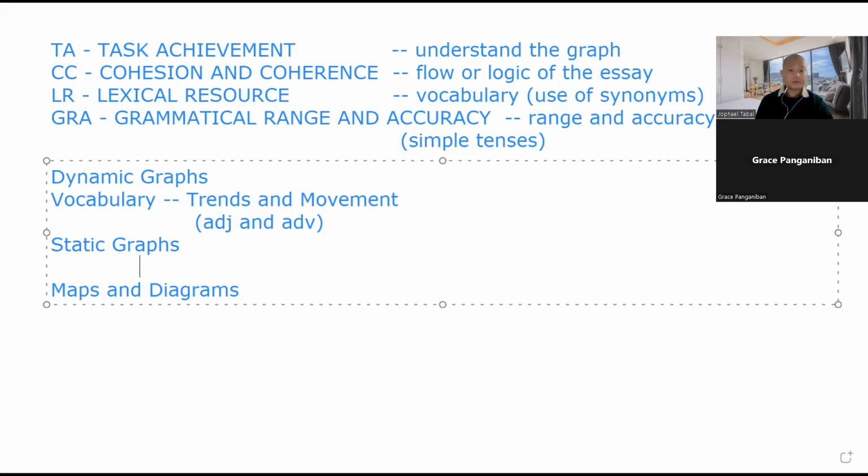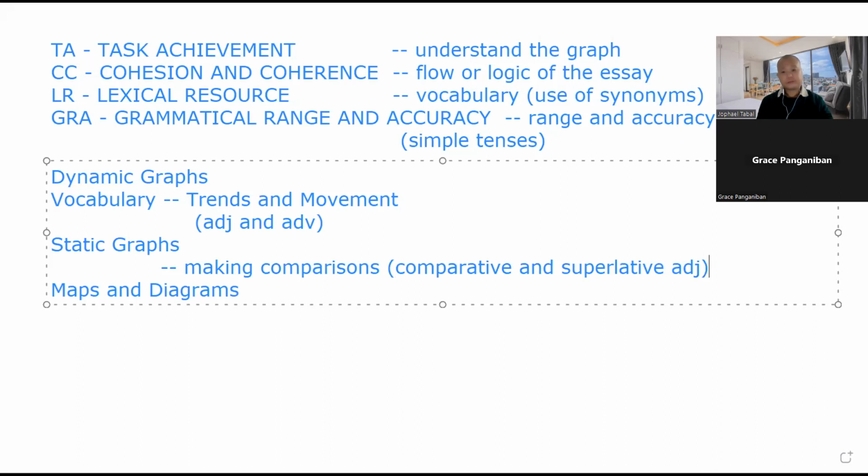For static graphs, the most common vocab is making comparisons, most cases using comparative and superlative adjectives. Static means there is no movement, so there is only one timeline, for example 1998, or no timeline.